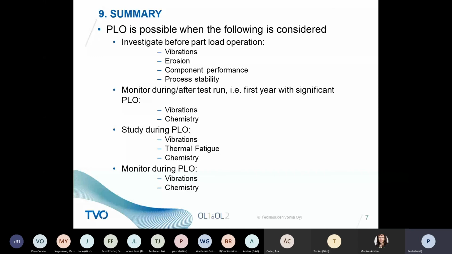So we studied vibration, thermal fatigue, chemistry a little bit, and we will monitor vibrations and chemistry during the part load operation.